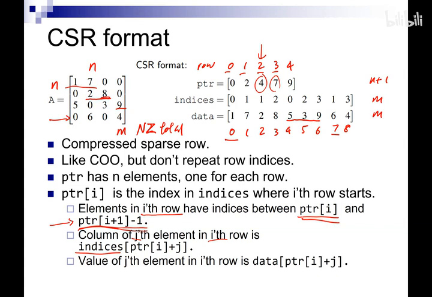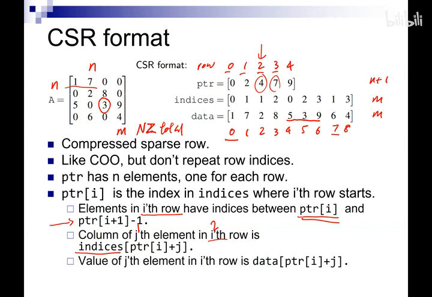So for example, if you're looking at element 1 in row 2, so that's actually element 1, since you start counting at 0, element 1 is actually this guy over here.